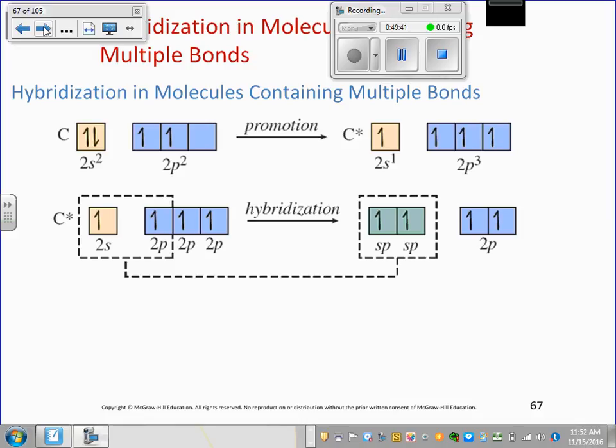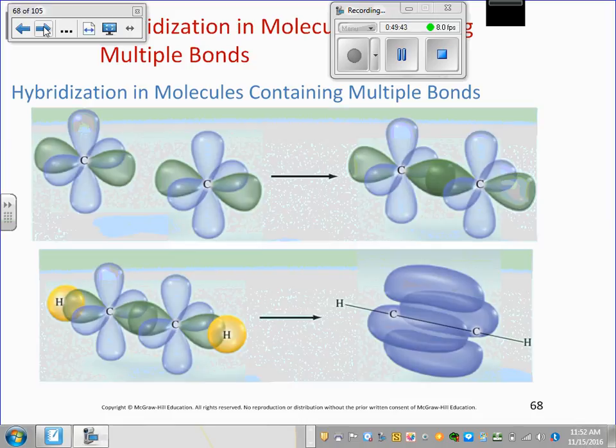So it overlaps the other way, 90 degrees. So now I have a sigma, 2 pi bonds at 90-degree angles to each other. That's a triple bond. Because this pi bond here has 2 electrons, and this pi bond has 2 electrons. So a triple bond is a sigma bond, 2 pi bonds. A double bond is a sigma bond, 1 pi bond.